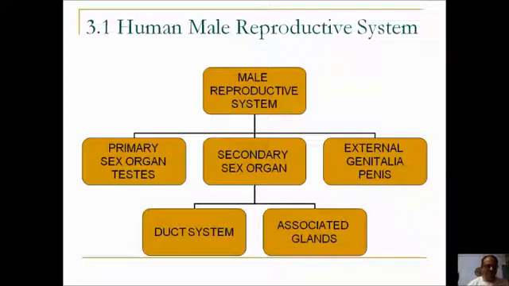So we'd like to take the first part, that is the human male reproductive system, which is also the system that produces the human male gamete called sperms. The male reproductive system is mainly divided into the primary sex organ, that is testis, the secondary sex organs, which are the duct system and associated glands, and the external genitalia, that is penis.